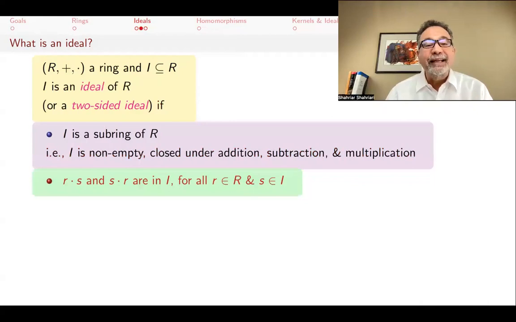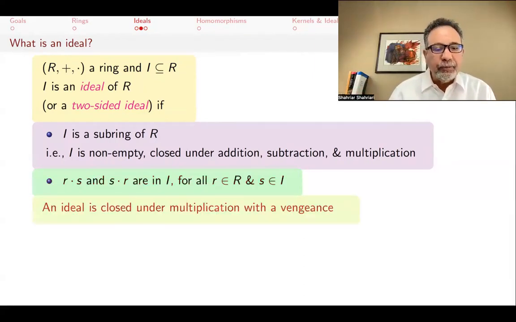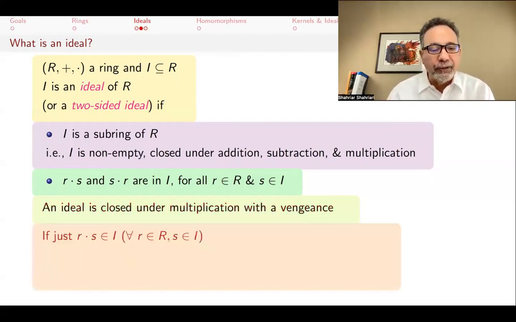More than that, it has to have this extra property: it's not only closed under multiplication by elements in I, but when you take an element in I and multiply it by anything in the ring, it should stay in I. So when you multiply elements of the ring by elements of the ideal, they get absorbed in the ideal. So again, for an ideal, the closure under multiplication is stronger than the one for a subring.